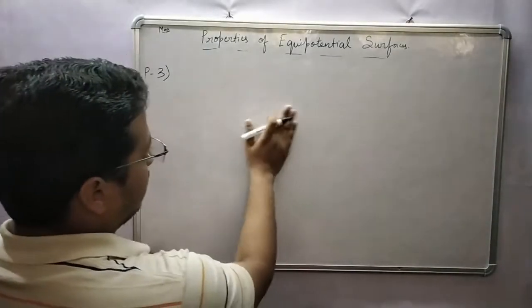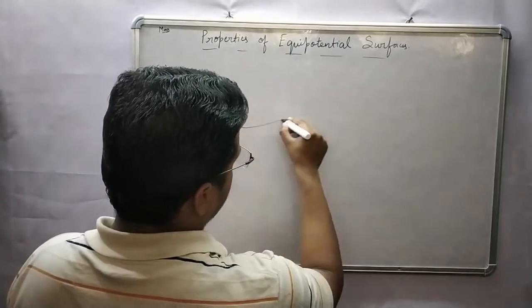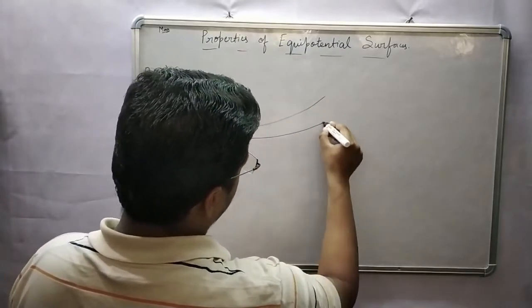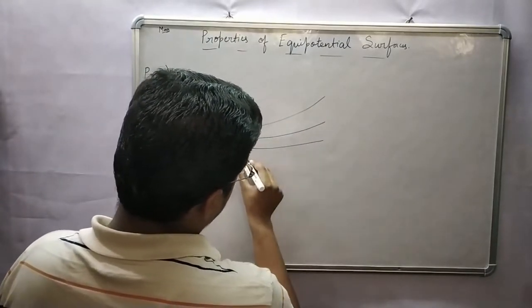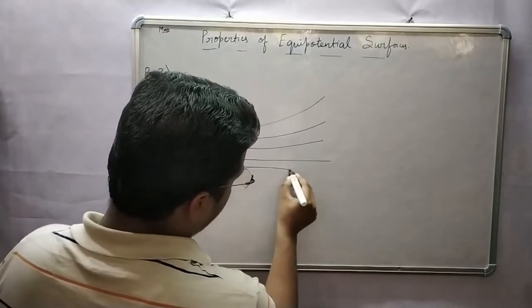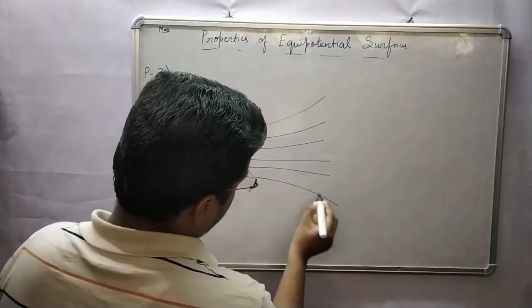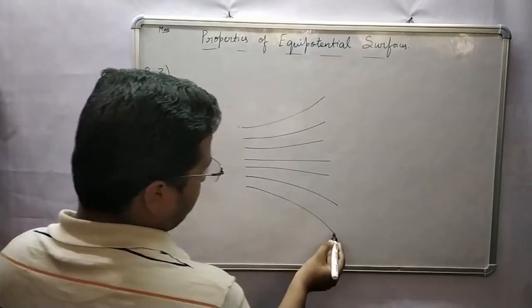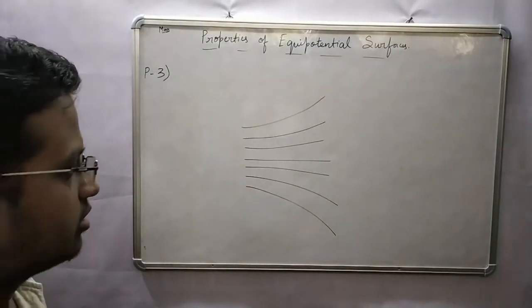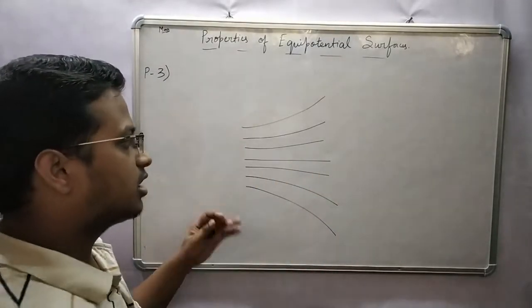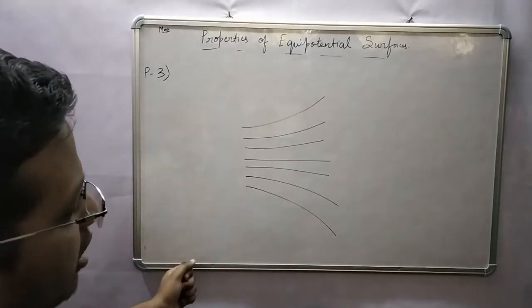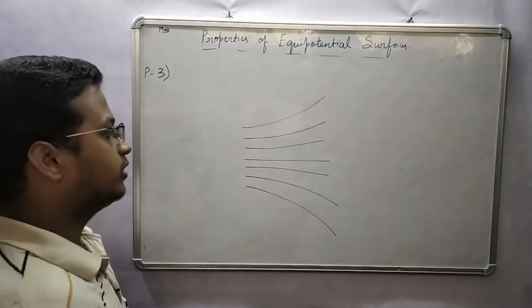Okay. In the next property of equipotential surfaces, suppose we have a region in which there is non-uniform electric field distribution. So as you can see, I am drawing non-parallel lines. So electric field is continuously decreasing or whatever it may be, but it is not uniform.